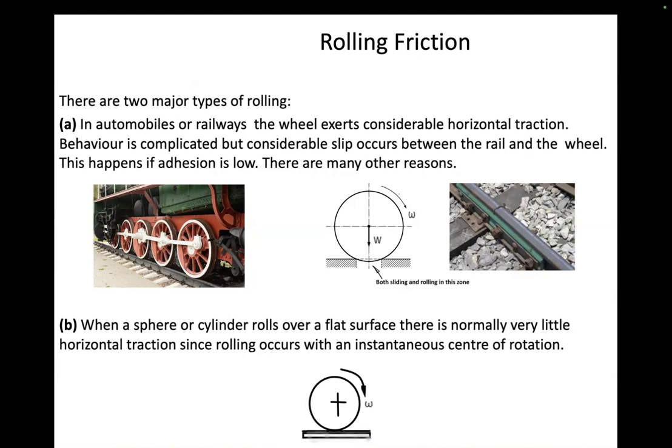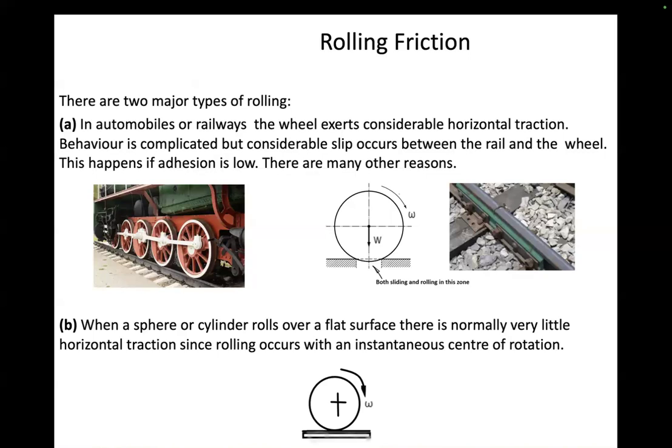One is rolling friction, where there is some amount of slip or sliding, probably due to the mechanism itself. If we look at the left-hand side, the railway track and the wheel.